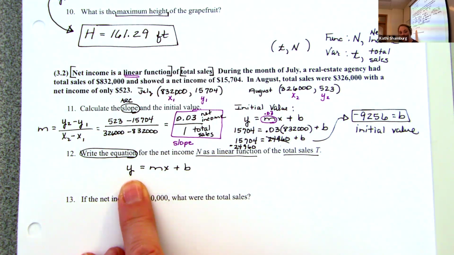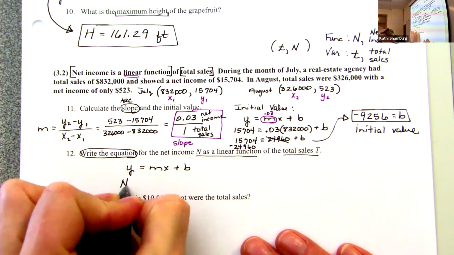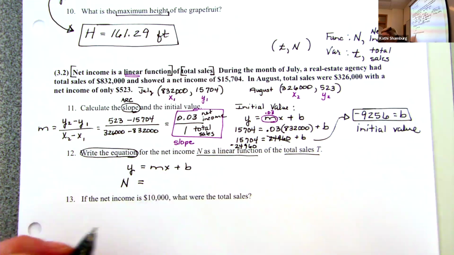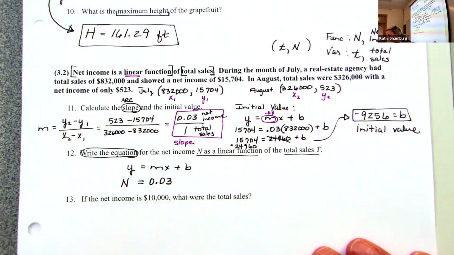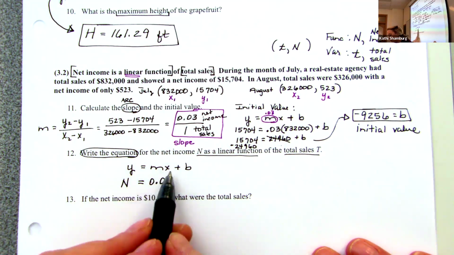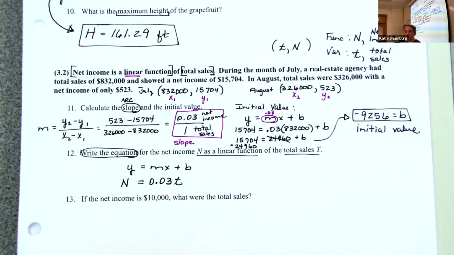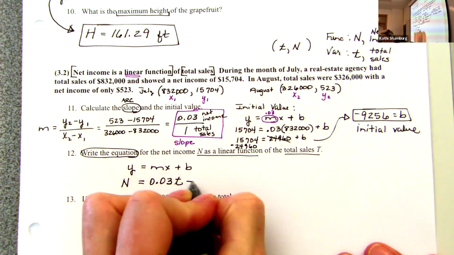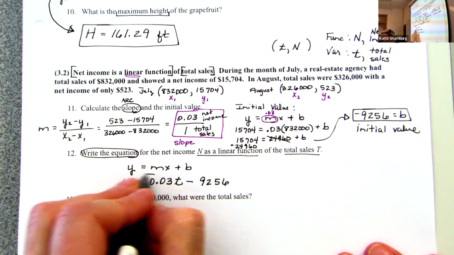We called the function what? N. Slope, you told me correctly, that's 0.03. My variable is not X, but is T. So whether you use lower or capital, it doesn't matter. And then in place of B, what am I going to put? Negative. So I'm going to do minus 9,256.